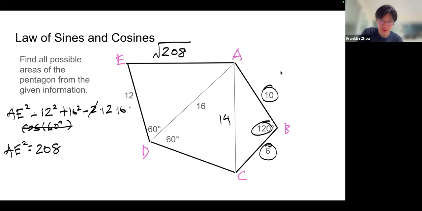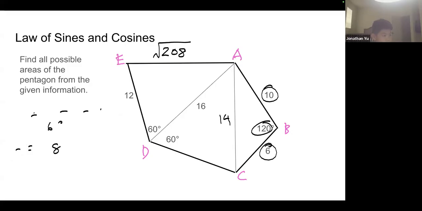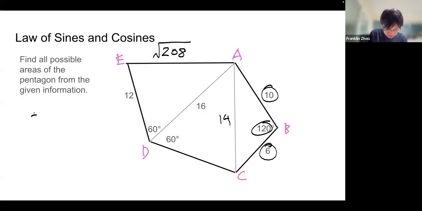All right, for this next part, let's look at triangle ADC since that's the one triangle we haven't actually looked at at all. And over here, we can use law of sines since we're given an angle and the opposite side, right?